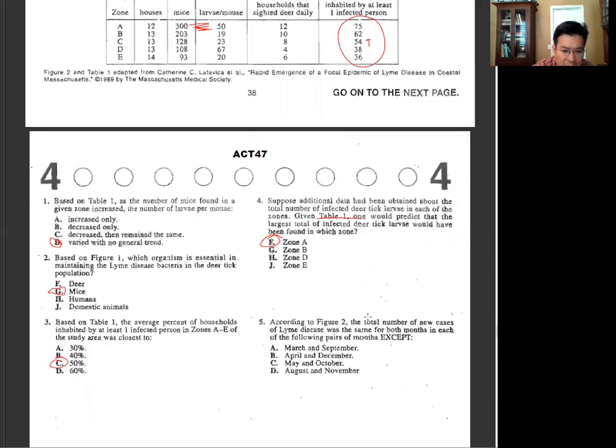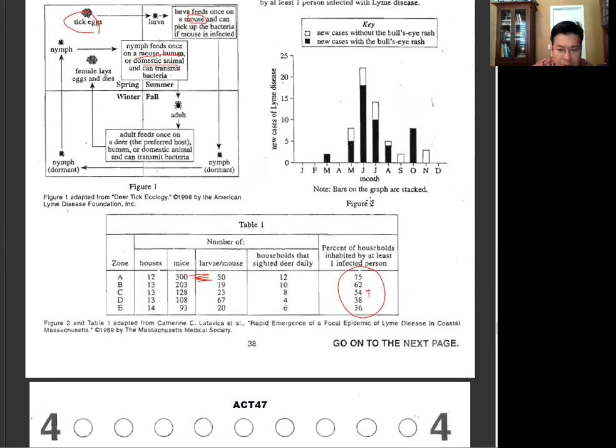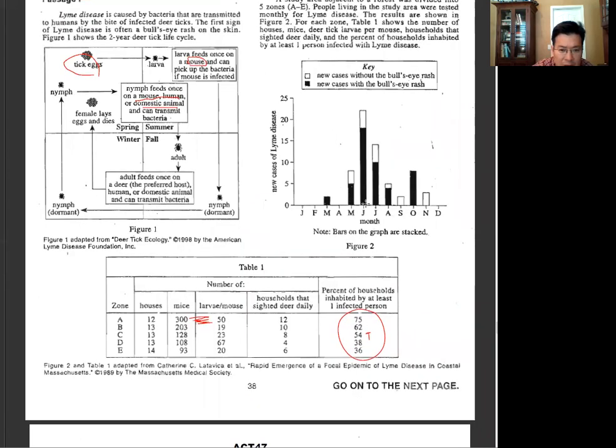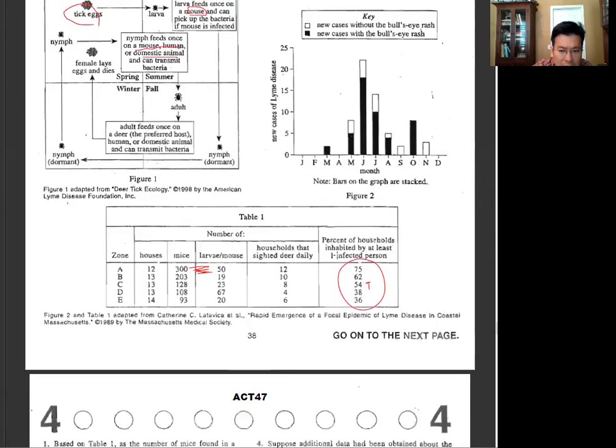According to figure 2, the total number of new cases of Lyme disease was the same for both months in each of the following pairs of months, except... So figure 2, new cases. Let's see one by one.